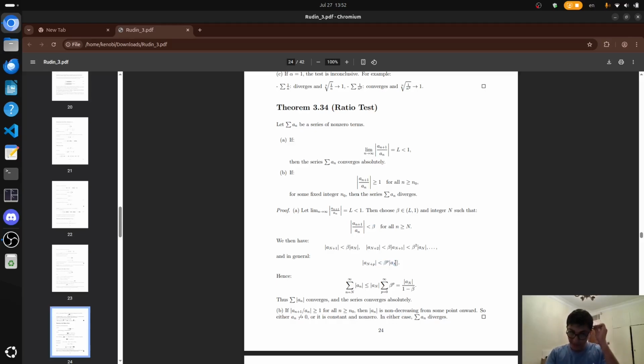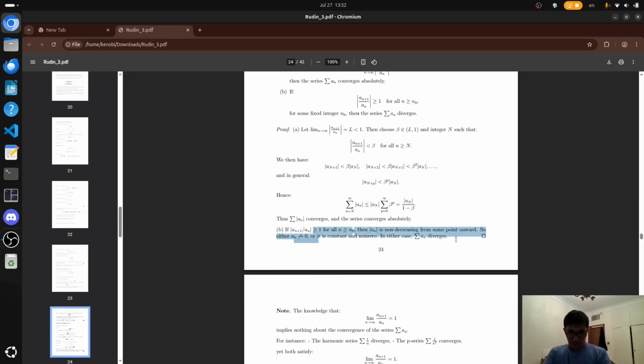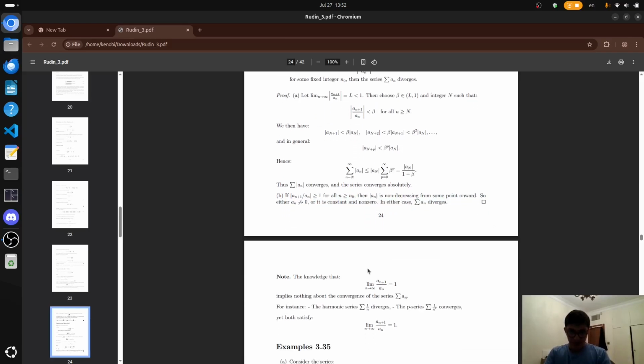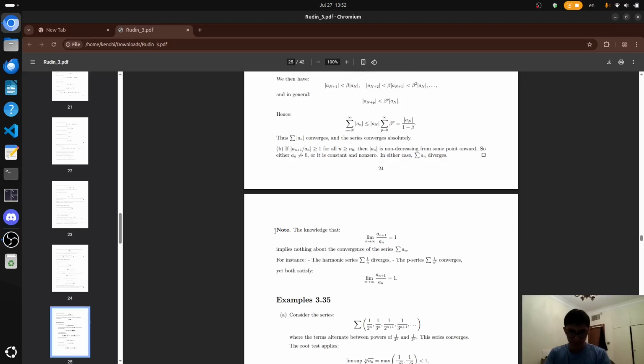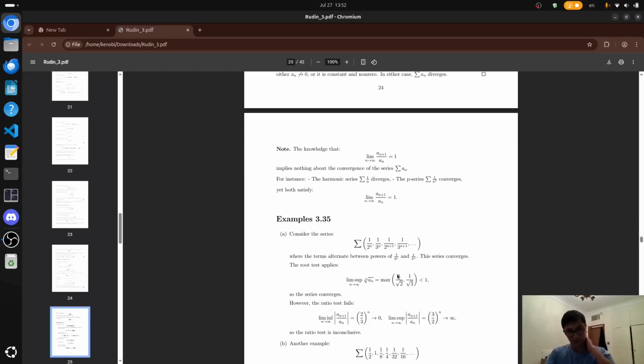And you're going to get this, and the sum converges if beta is less than 1, right? And it diverges otherwise. And this is what I was talking about here. The limit of an plus 1 over an equals 1, but one diverges, one converges.